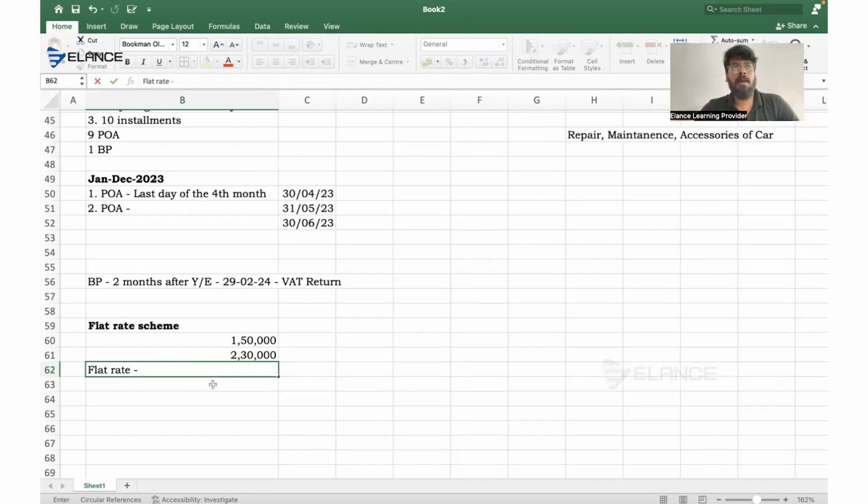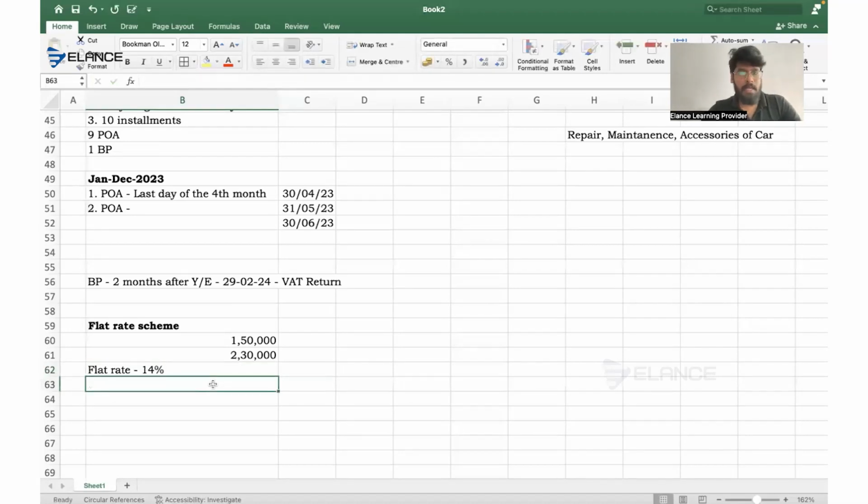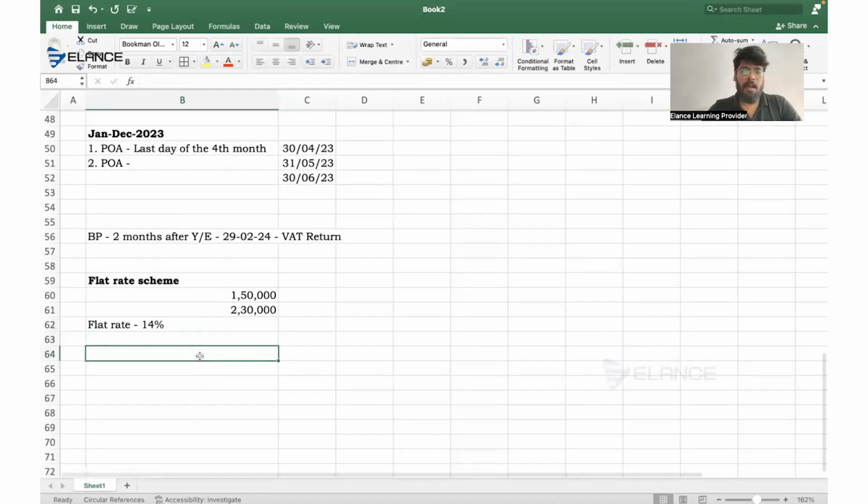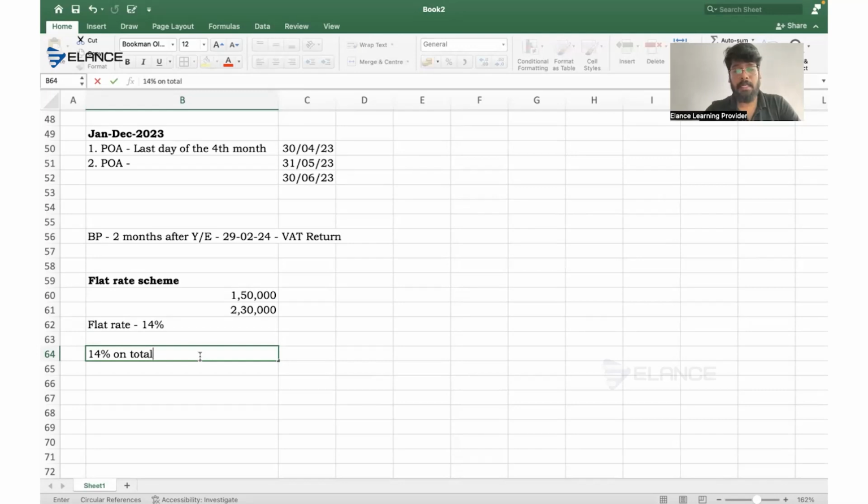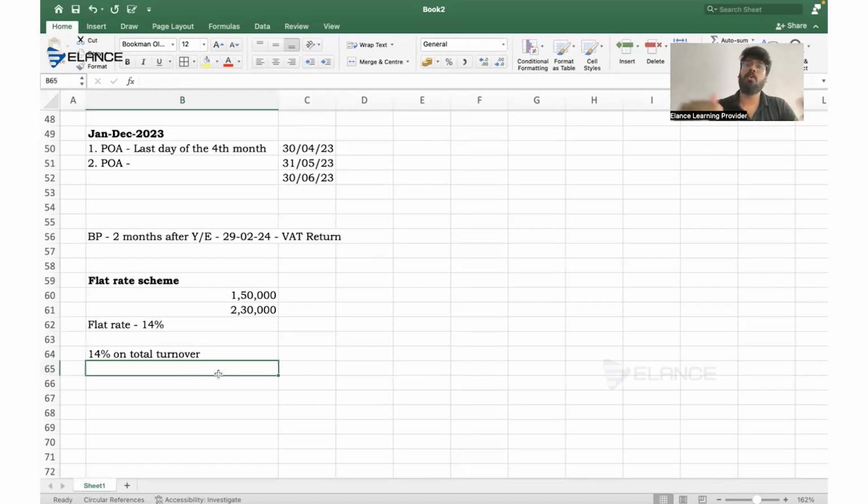For example, my flat rate percentage at the time of joining the scheme was 14%. If my flat rate percentage is 14, I can directly multiply this 14% on the total turnover. The flat rate percentage we should apply on the total turnover of the trade.